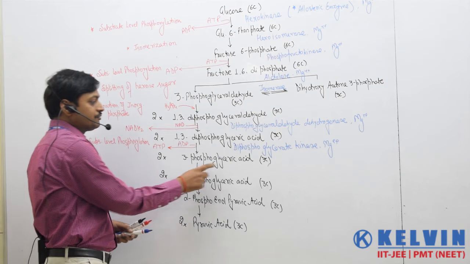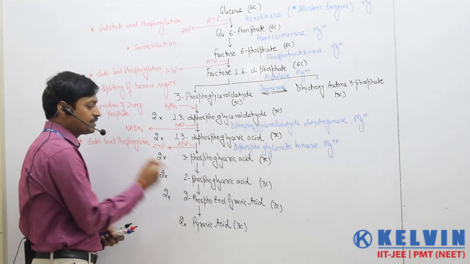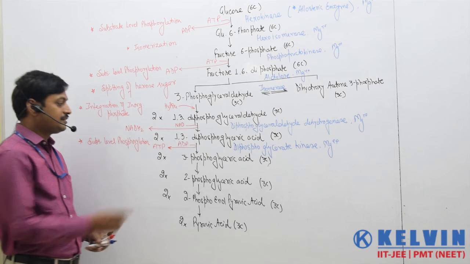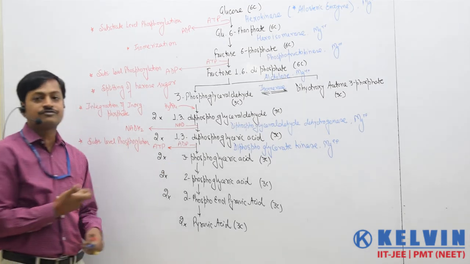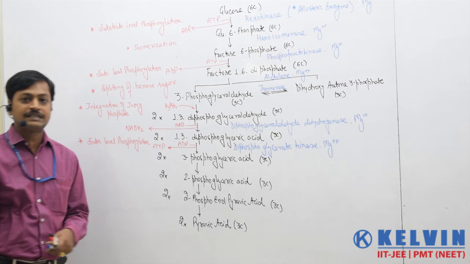Now we have 3-phosphoglyceric acid. Then this 3-phosphoglyceric acid is converted into 2-phosphoglyceric acid. There is a change in the position of the phosphate group: in this molecule it is at the 3rd carbon, in this molecule at the 2nd carbon.